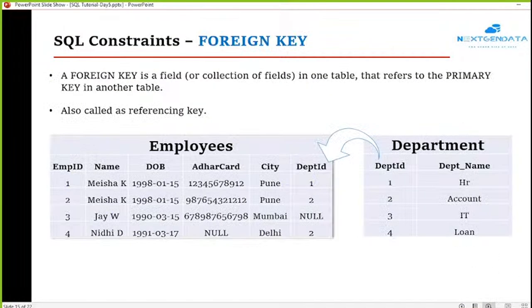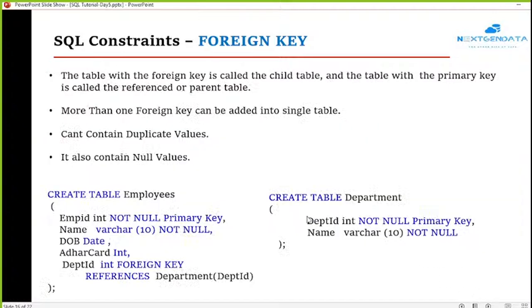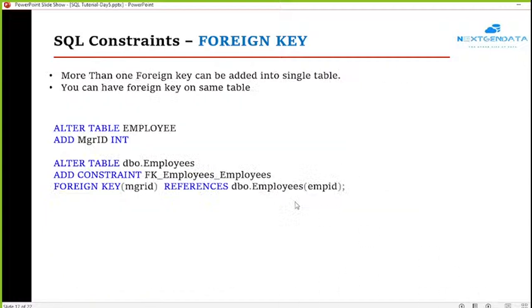Now the department name is there. So foreign key, this is completed. This is the primary table, this is the secondary table, or this is the parent, and this is the child. So this is the syntax basically to create a primary key.